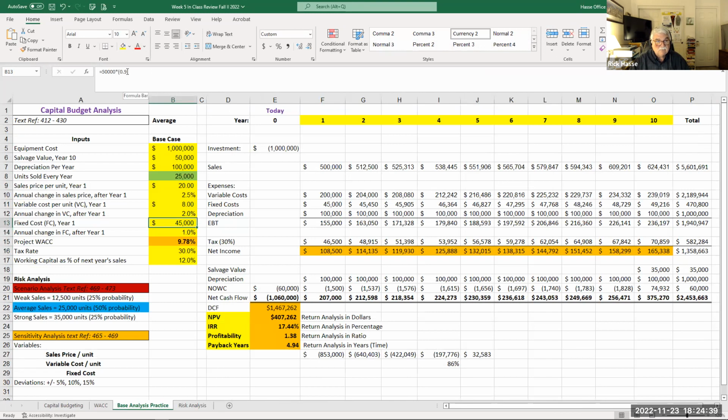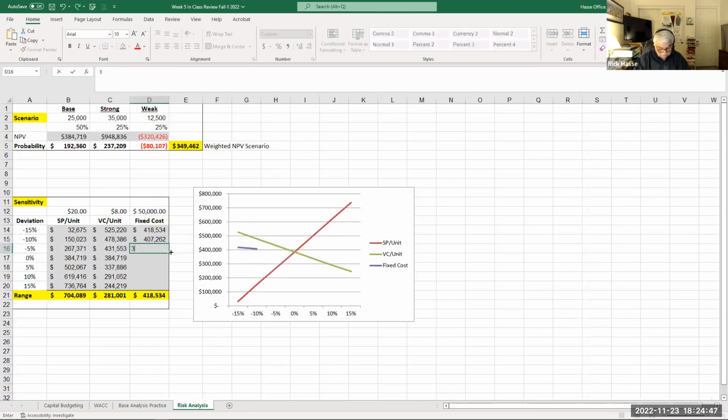A 5% reduction in fixed costs, 0.95, 395,991. There we go. We put in with no change, 384,719. There we go.